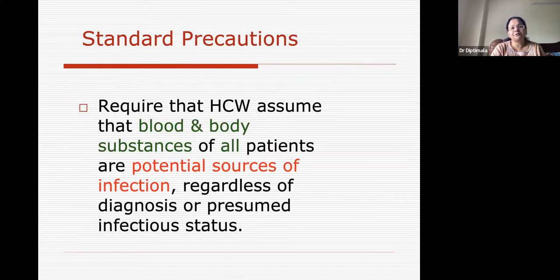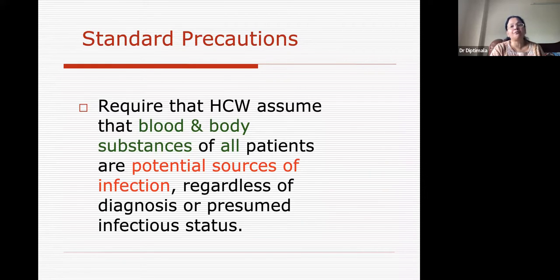Now, standard precautions. These require that healthcare workers assume that blood and body substances of all patients are potential sources of infection, regardless of diagnosis or presumed infection status.